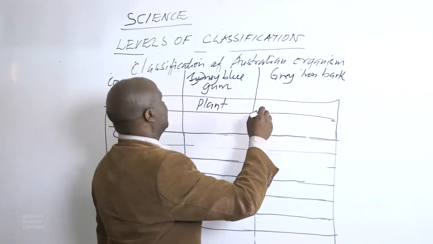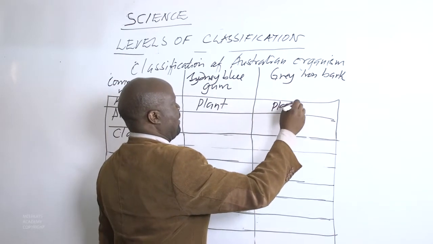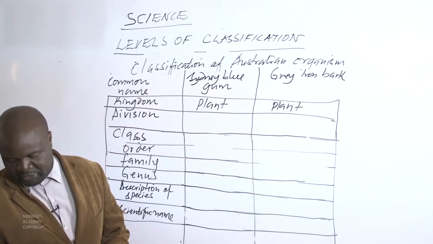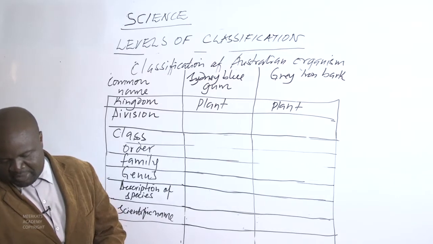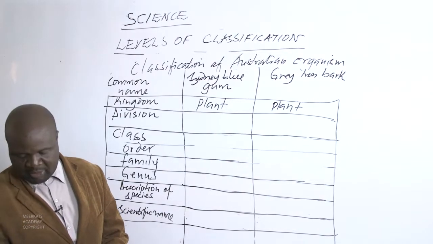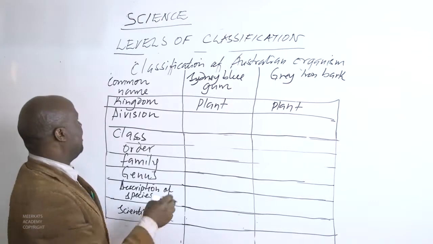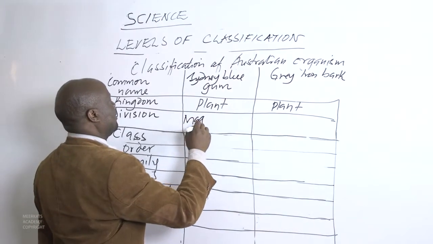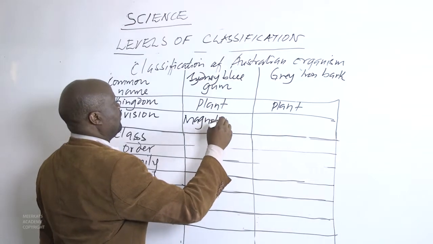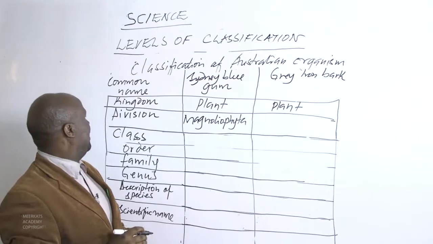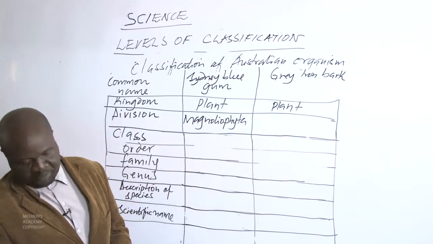The grey ironbark is also in the plant kingdom. Now, when it comes to divisions, they also belong to the same division, Magnoliophyta.